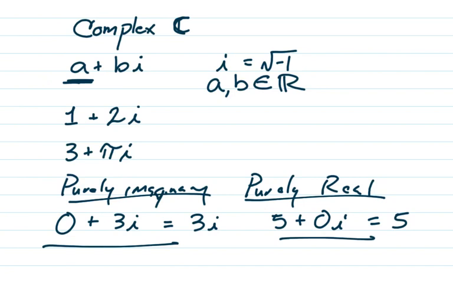Okay, that have an i component, I should say, where the b value isn't 0. Okay, so that's what a complex number is. It's really any number, but they might have an imaginary component. I should go as far as to say this is called the real component, and this is called the imaginary component of the complex number. Okay.